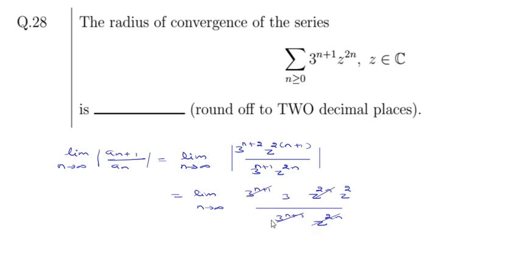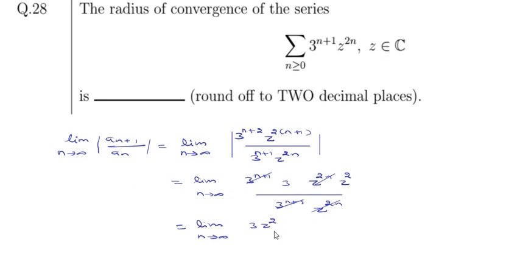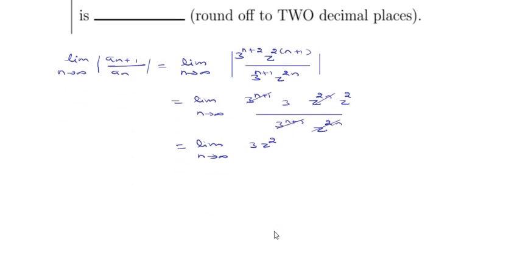So the remaining thing we have is limit n tends to infinity 3 into z square. So we have 3 z square. So this will be convergent when this ratio is less than 1.